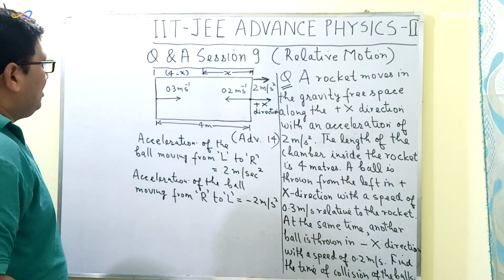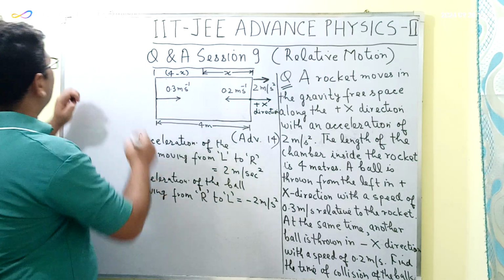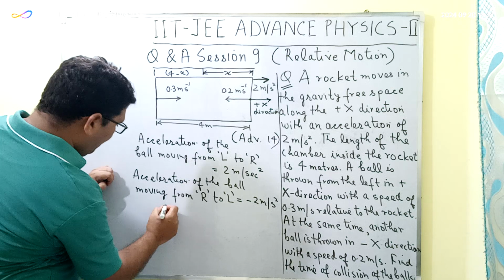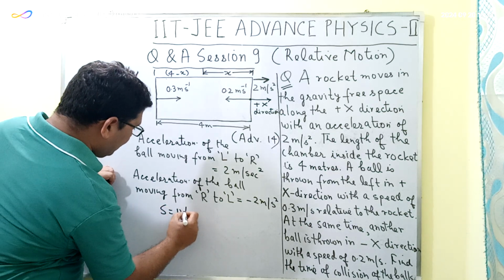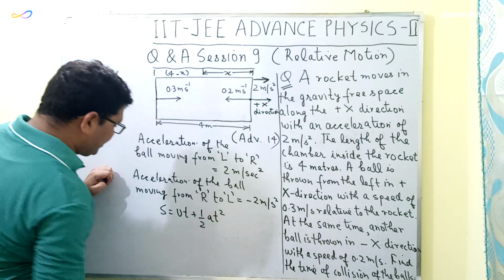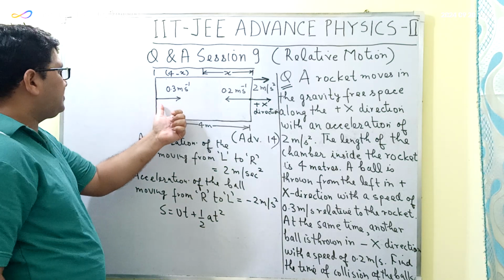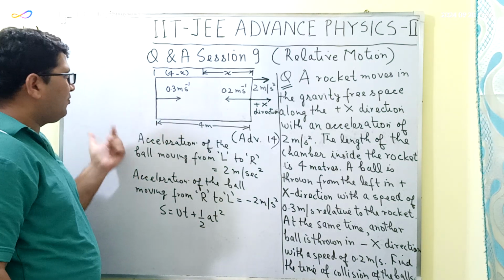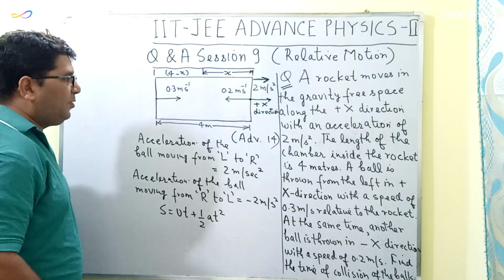By using the equation of motion, S is equal to ut plus half at square, I will get two equations. In the first case, let us take the ball moving from left to right in the positive x direction.